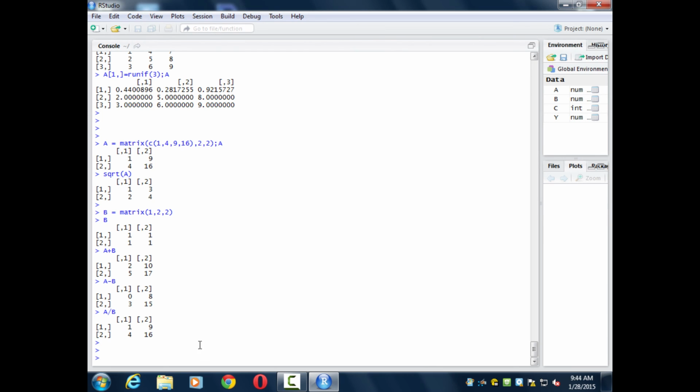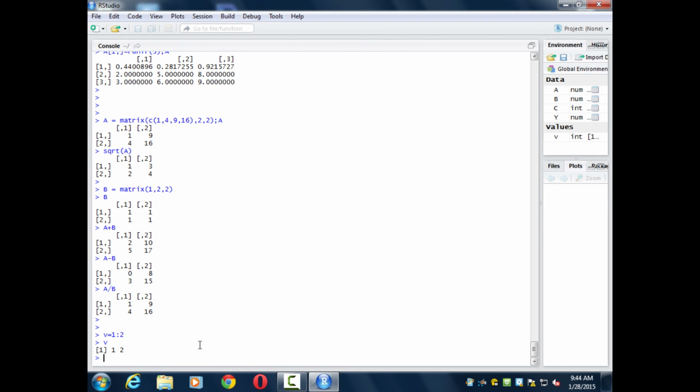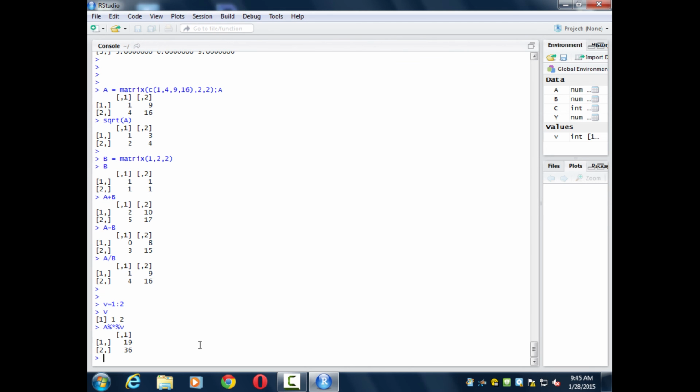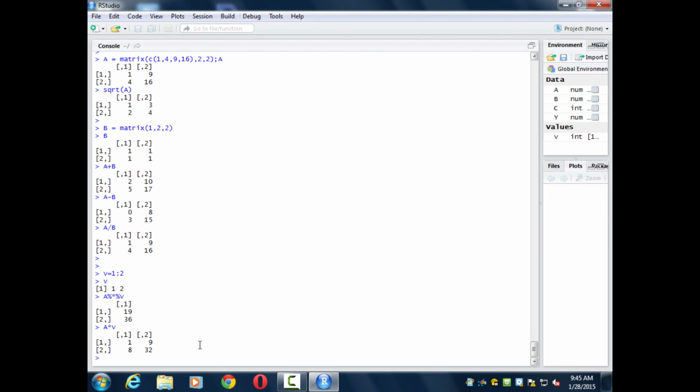So, for example, let's say we define a vector V with numbers 1 and 2, and we want to multiply A times V. Okay, so we would have to type something like percent times percent V. If we just type A times V, then this gives us something that probably is unexpected for most of us.